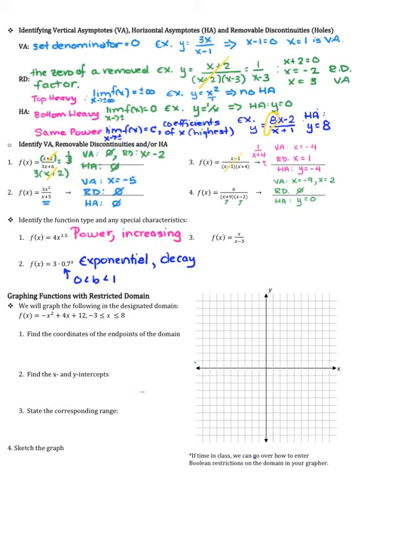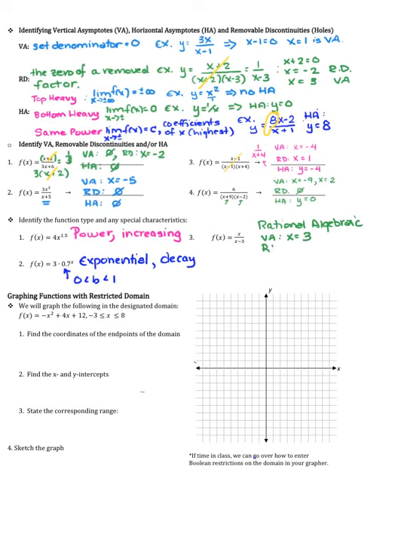And then our last example here, x over x minus 3, that's going to be your rational algebraic, because you have a function on top and a function on the bottom. And the characteristics of this are, we know we'll have a vertical asymptote at x equals 3, because that's what makes the denominator 0.